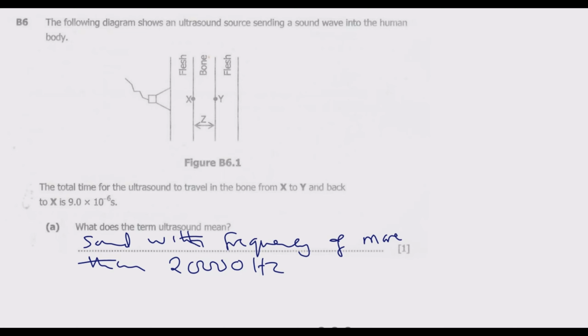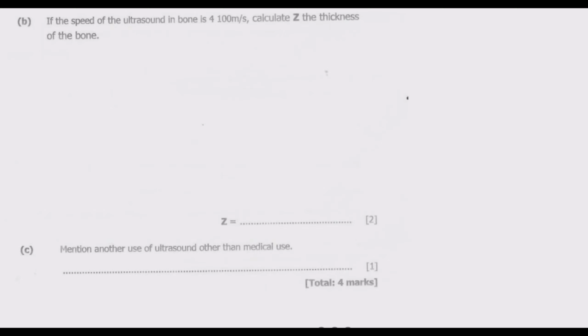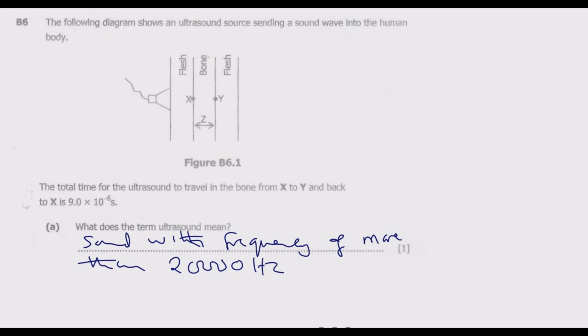We go to question B. If the speed of the ultrasound in bone is 4,100 meters per second, calculate Z, the thickness of the bone. So Z is the thickness.